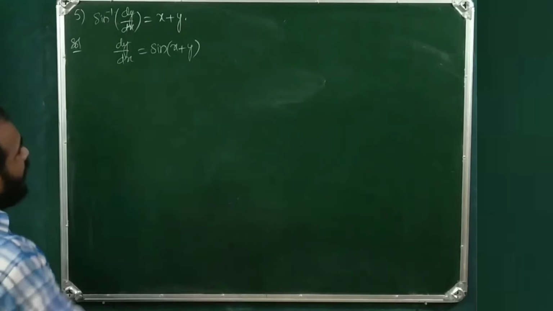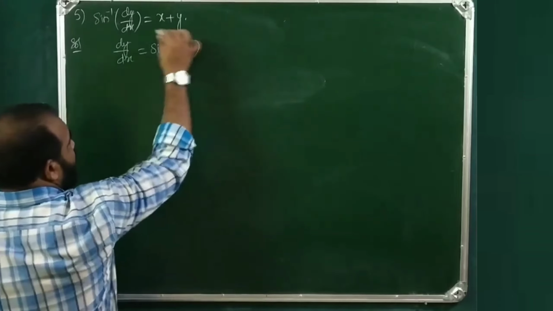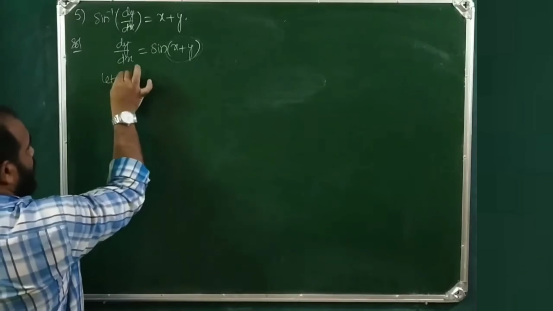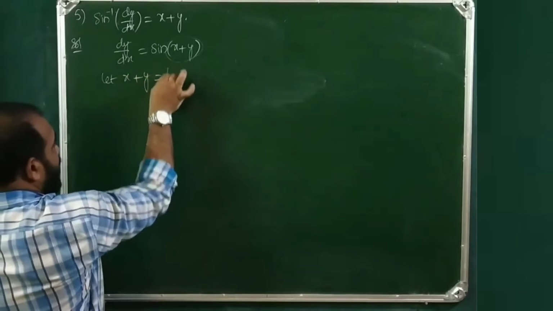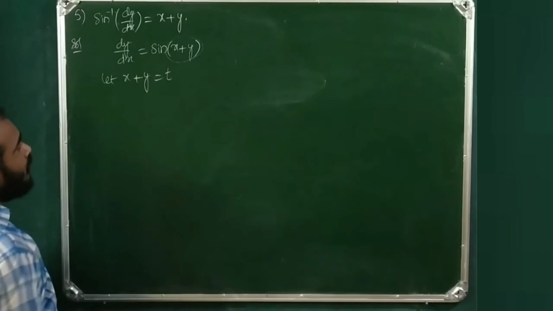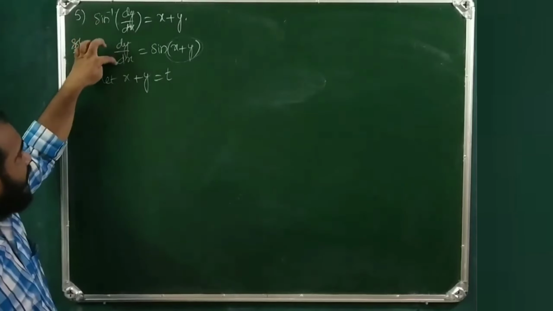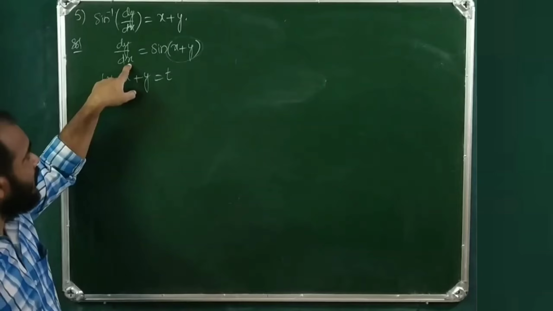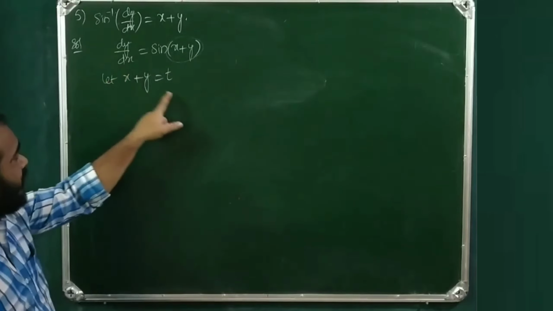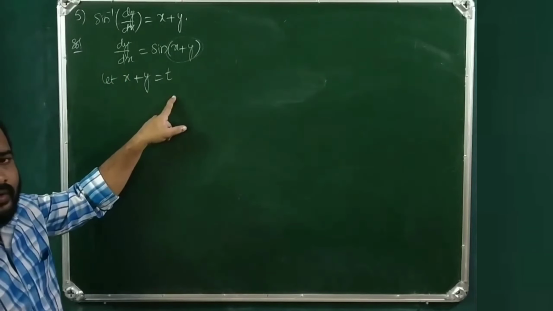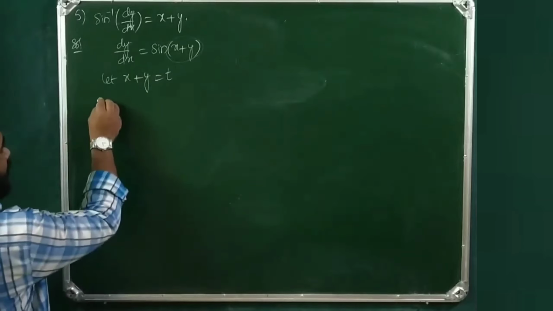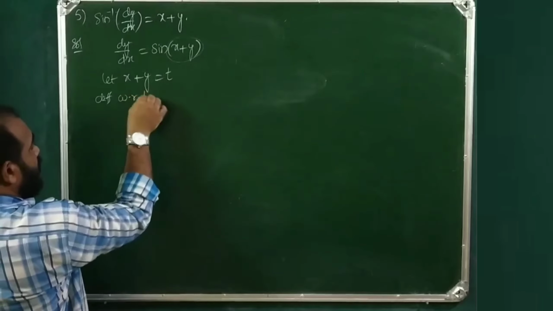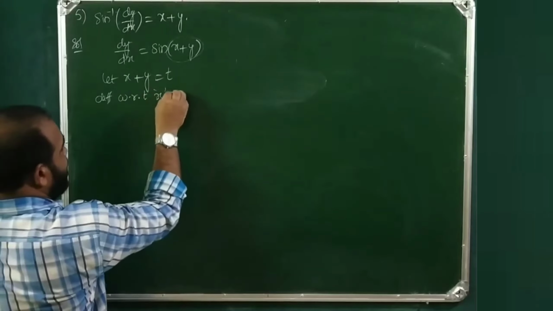Therefore, let us take x plus y as a whole to some t. Let x + y = t. Here dy by dx, that is x is the independent variable. Therefore, let us differentiate this with respect to x on both sides.